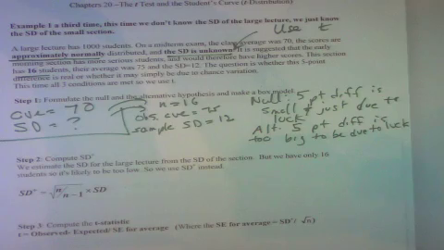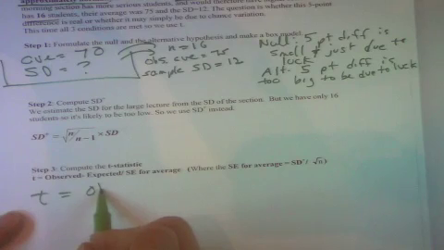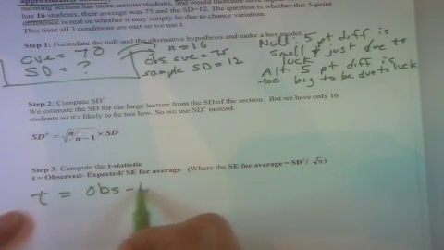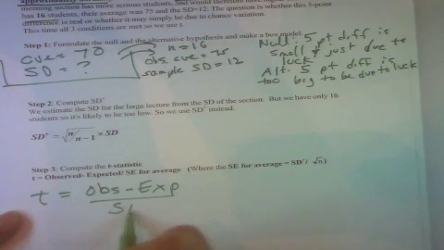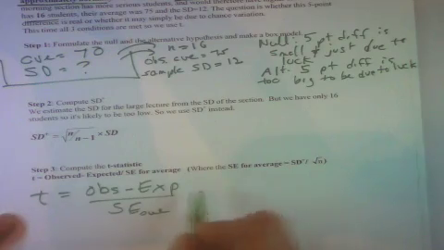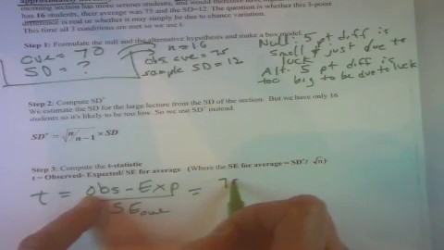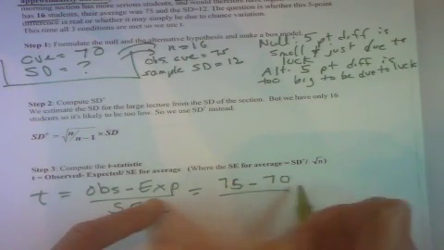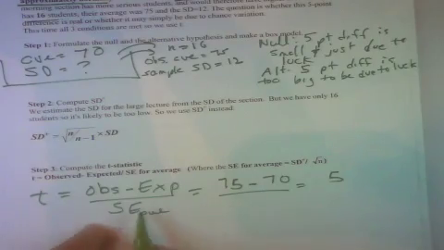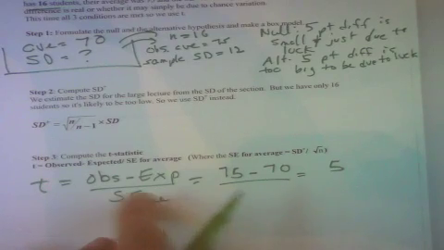Now, what happens here? We're still going to do this t statistic that's going to be like z. Let's skip down to here. We're going to have our observed minus our expected over the standard error for the average. Our observed is still 75. Our expected is still 70. We still have that 5-point difference, but this standard error for the average is going to be bigger.